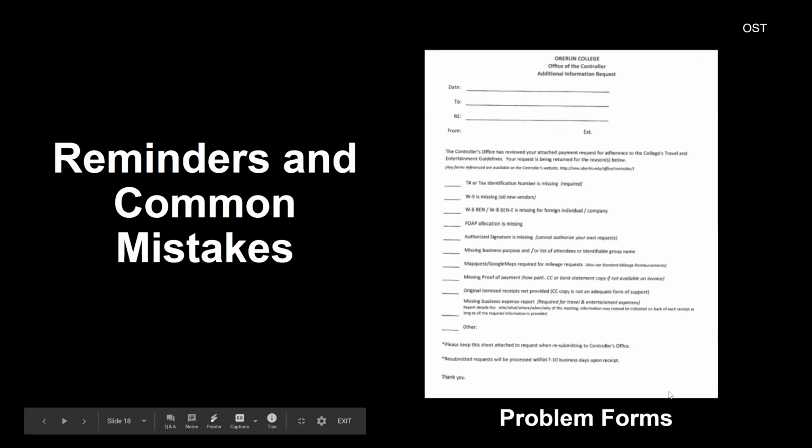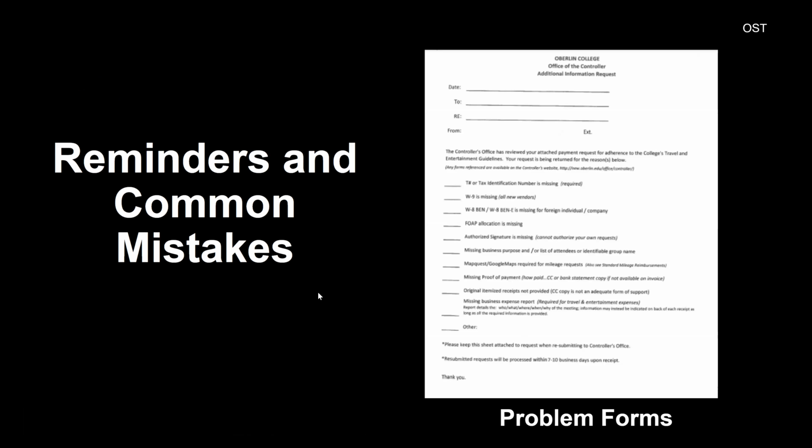Okay, so this is what the physical problem form would have looked like if we were doing things in person, but that's not what it's going to look like. It's just going to be an email. But for common mistakes, that looks like forgetting to put the TIN number or the identification number on the RFP form at the top, or you haven't attached the W-9 when you're submitting an RFP for a speaker, or not submitting the contract along with the W-9 and the RFP.